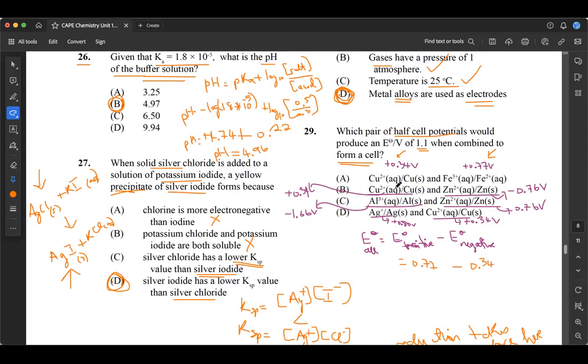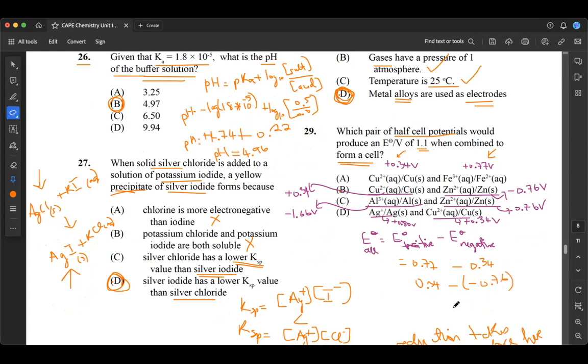Let's look at B. Our positive one is going to be 0.34 because that's more positive, and our negative one is going to be this one where it's zinc. So we do 0.34, and we subtract our negative one from it, so we minus 0.76.